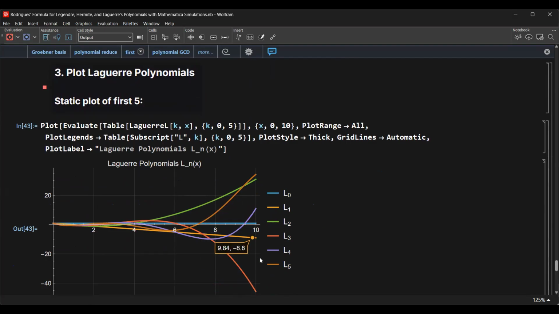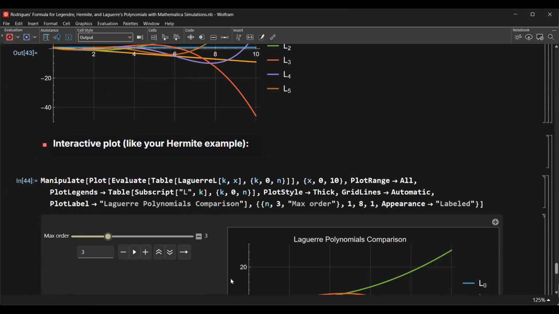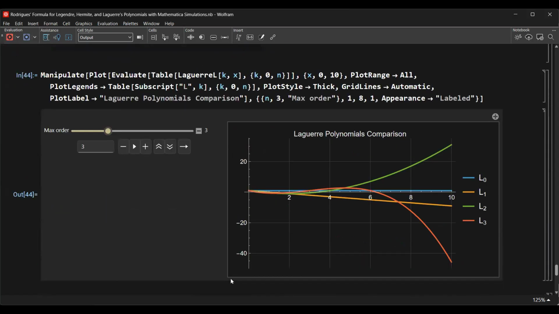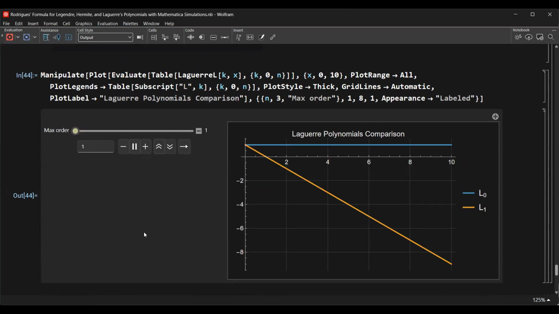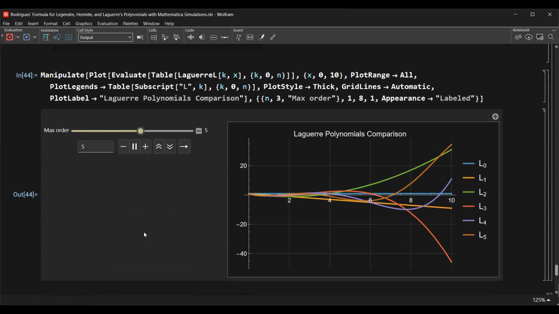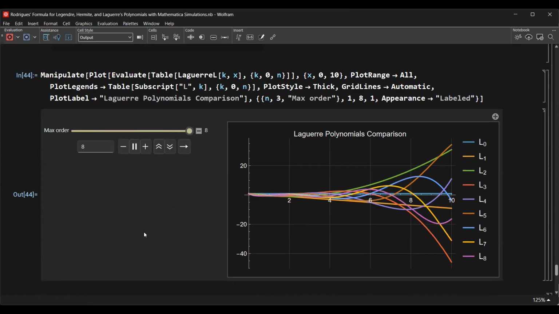For L equals 4, we have this also. For L equals 5, we have this. So for the different values of n, from 0 to 10, we have the simulation.